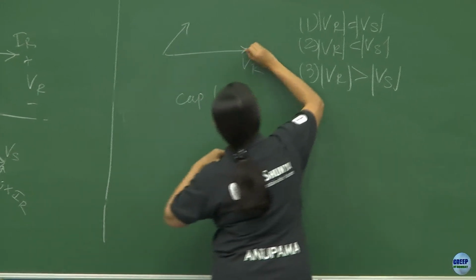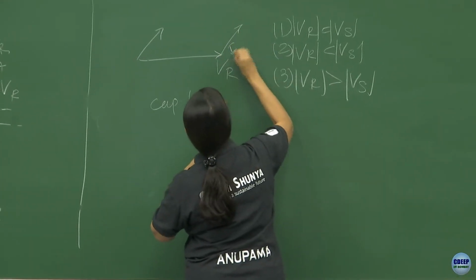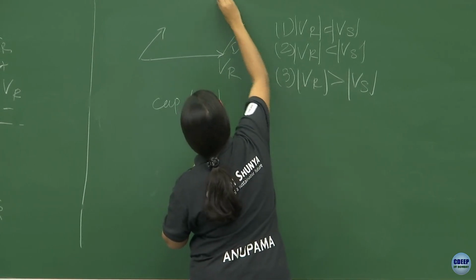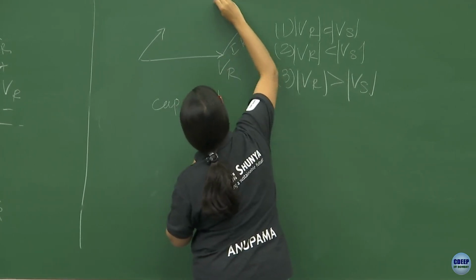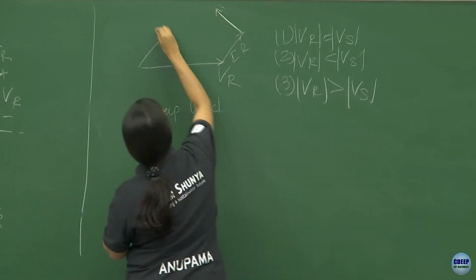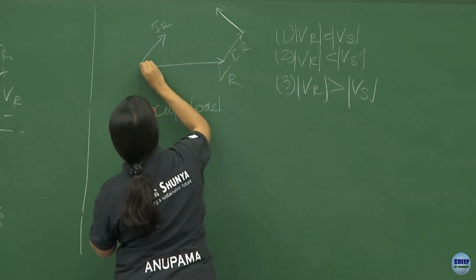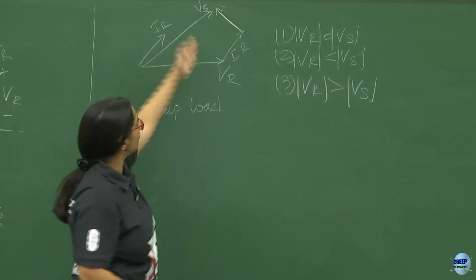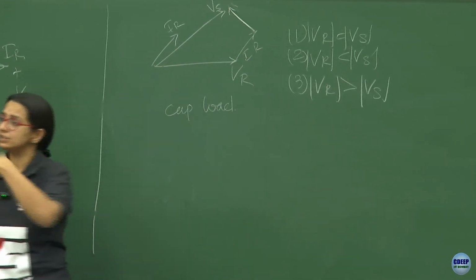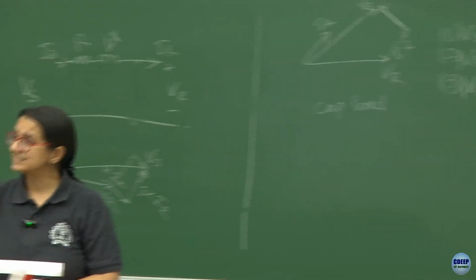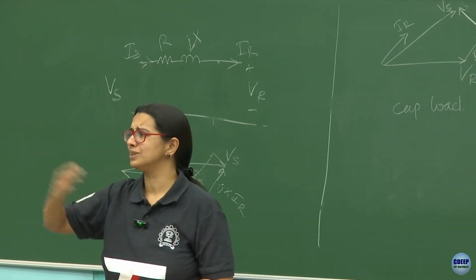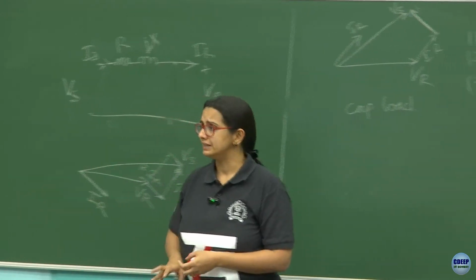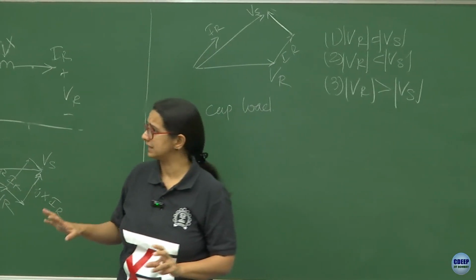So now I'm going to have a drop across the resistance, a drop across the reactance. This is my current, and this is my Vs. This could very well be the same in magnitude as Vr. It could even be lesser in magnitude than Vr, and that's going to depend on how much capacitive current I'm actually injecting. All right, makes sense?